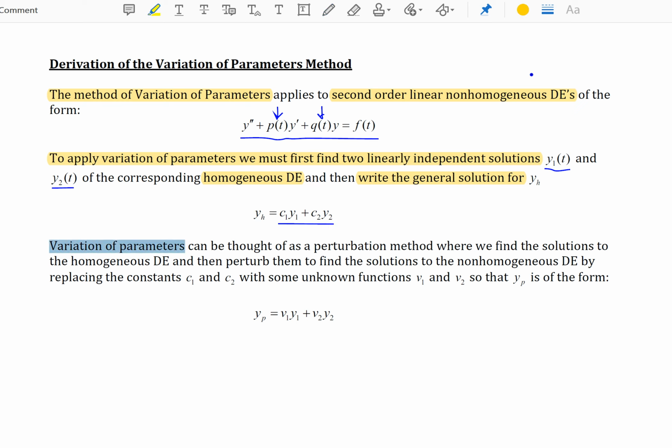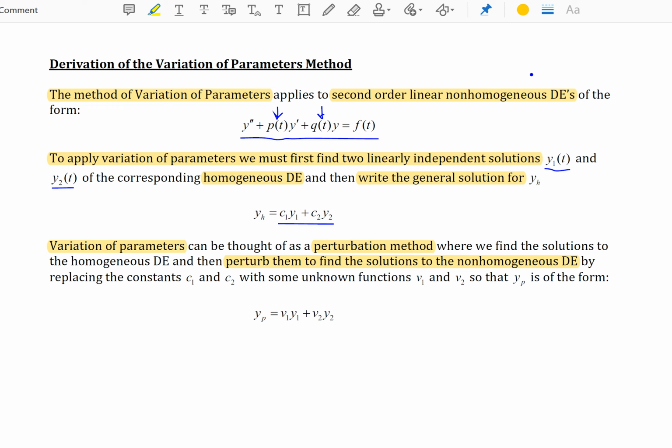Now, the variation of parameters technique is used to find the non-homogeneous solution, and it can be thought of as a perturbation method, where we first find the solutions to the homogeneous DE and then perturb them to find the solutions to the non-homogeneous DE.